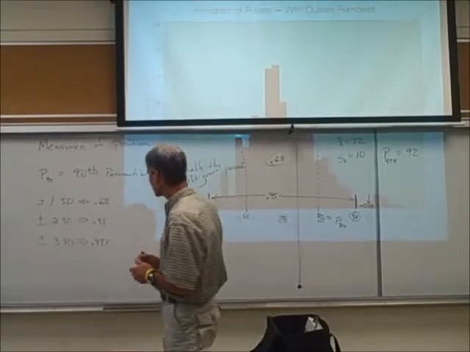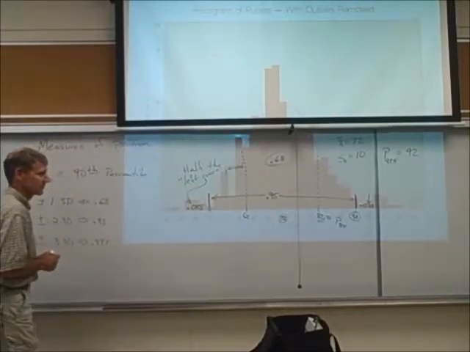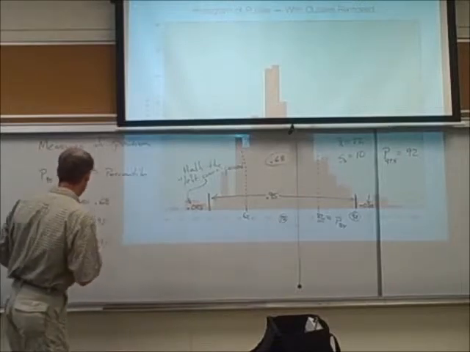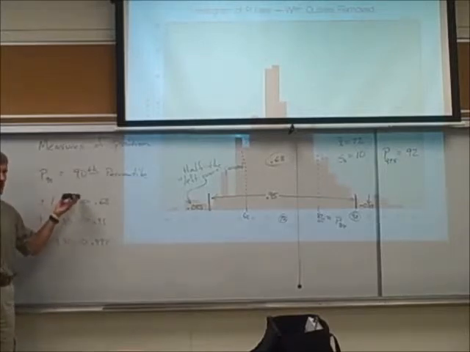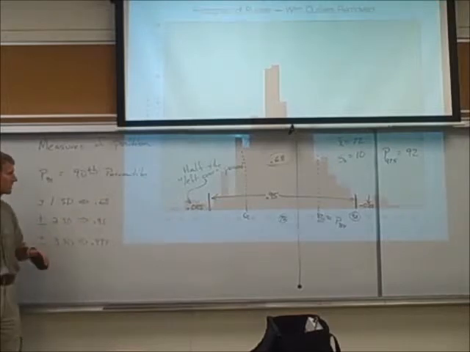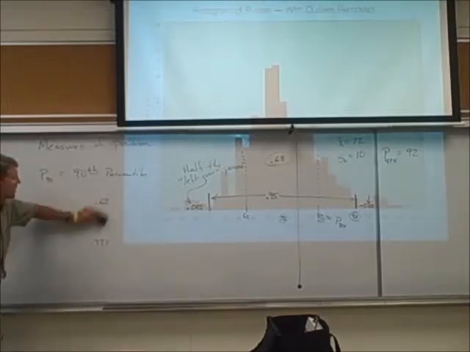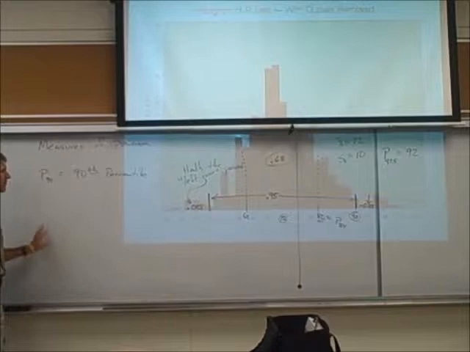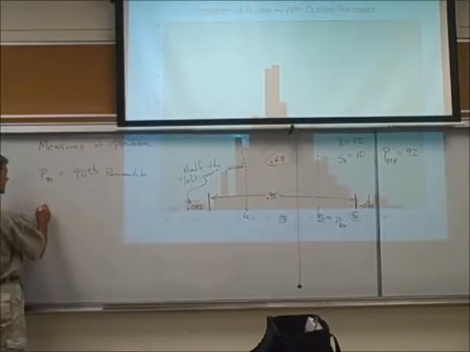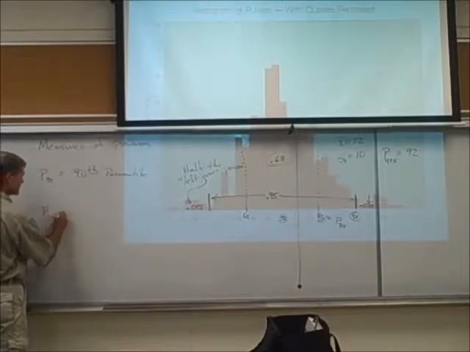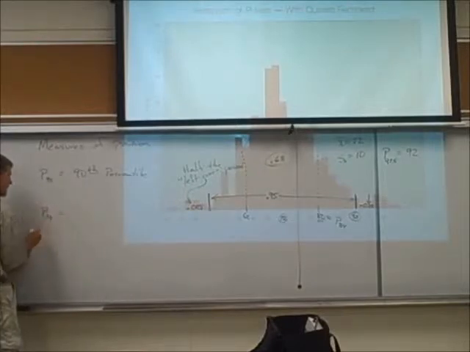Okay. So that's percentiles. Once we have percentile defined, and I never did write the definition down, the percentile is the value that has that percent of the distribution below it. There are some percentiles that we give special names. For instance, P50.